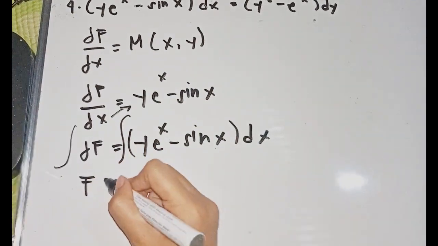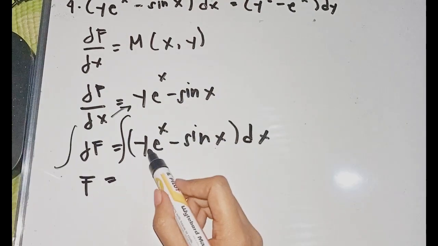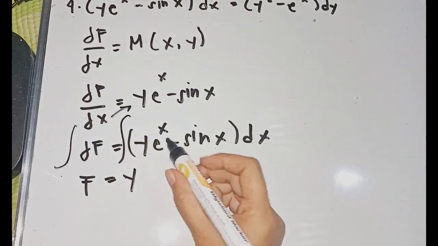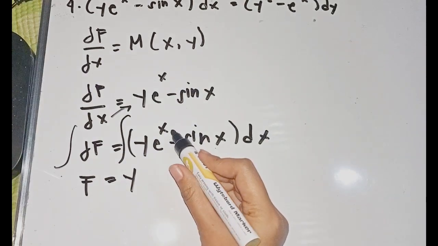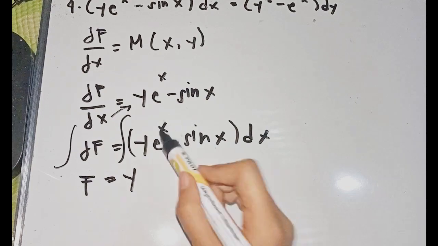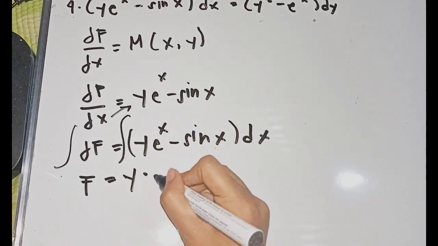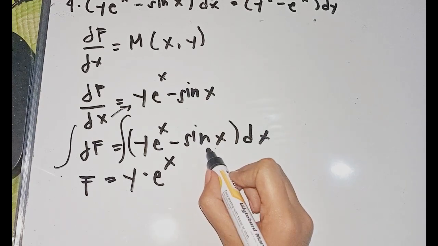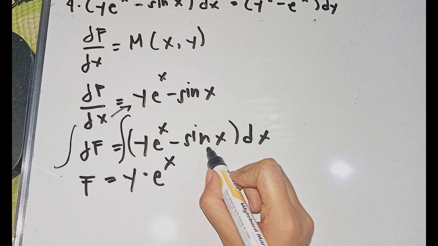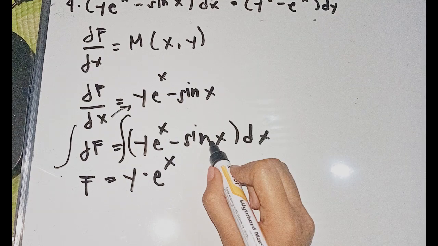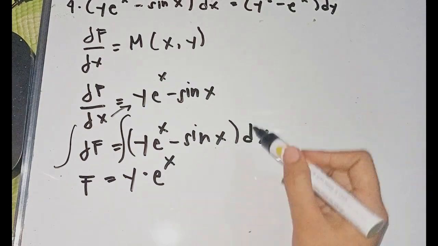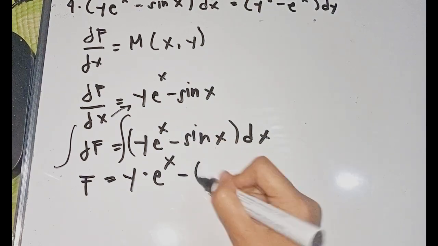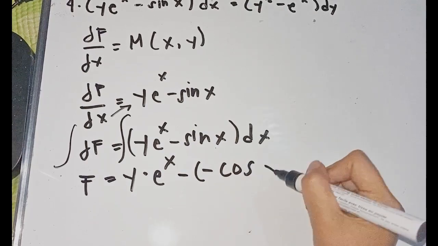So f is equal to, we will put y outside. The integral of e^x is still e^x. The integral of negative sin x is, since the integral of sin x is negative cos x, positive cos x.